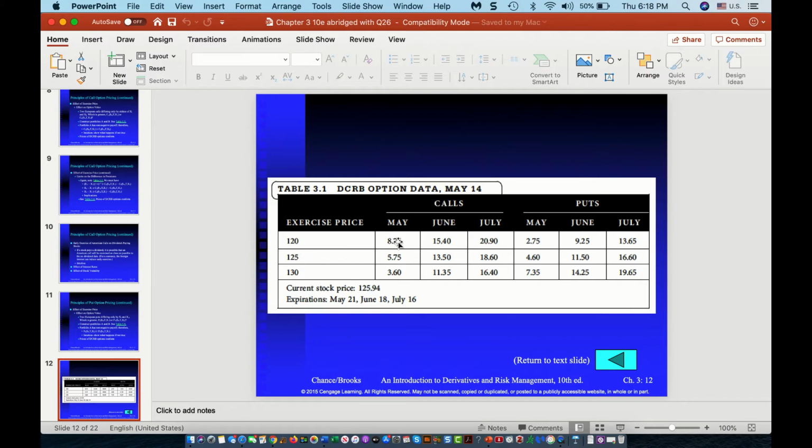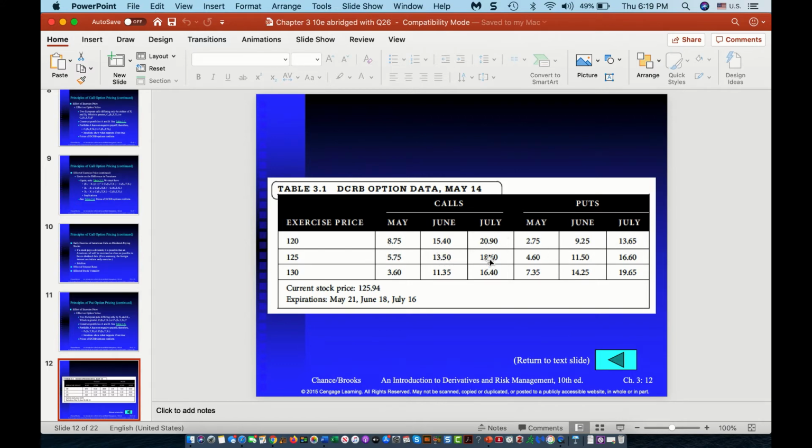And for call, as you have more and more exercise price, the value is less and less. And for the put, the more the exercise price, the more the value, because you're selling at a higher and higher price, and for call you are buying at a higher and higher price. So you can see that these are going to be higher across the rows and across the column, I meant.